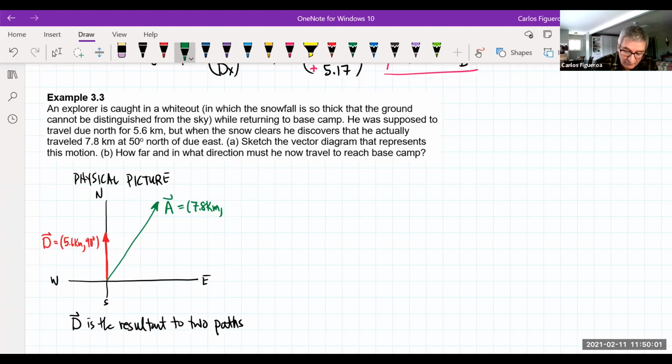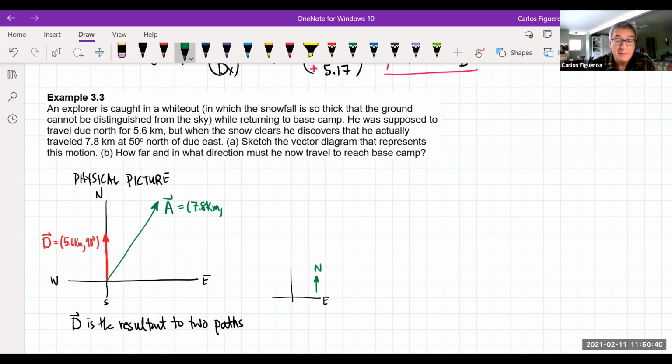And we should be really careful with our language here. What do we mean by north of due east? So when I look at my axes, the first term tells you essentially the direction that you're going. The second term is telling you relative to what. So if this is east, that means if you go north of east, you're traveling in the north direction relative to east.